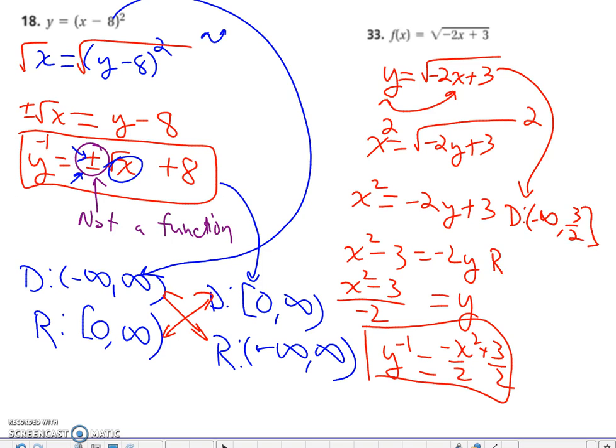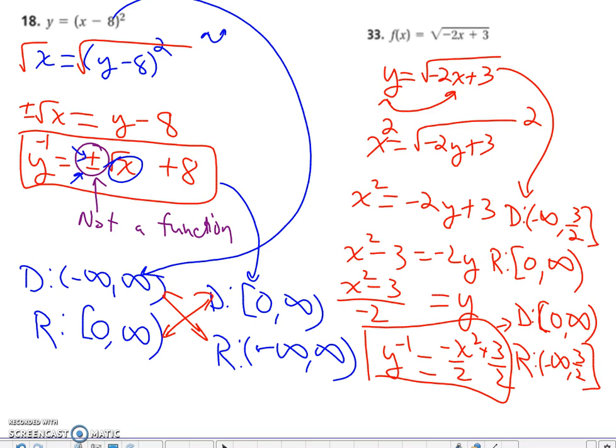And my range would be from 0 to infinity. On the inverse, its domain, if you think about it, would be from 0 to infinity. And its range would be from negative infinity to 3 halves, because it's frowning.